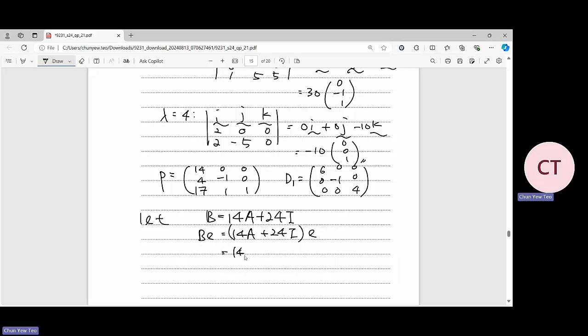Assuming the eigenvalue for B is mu, then the eigenvalue for A is lambda, because we used lambda just now. So you have this one as 24.